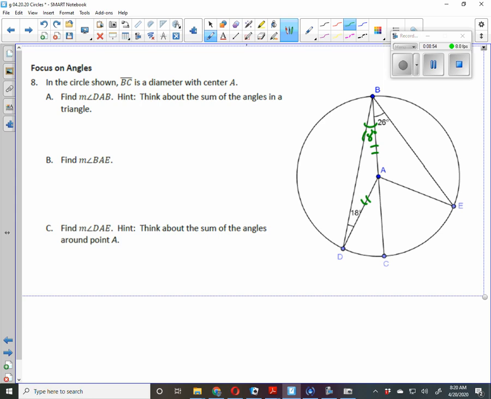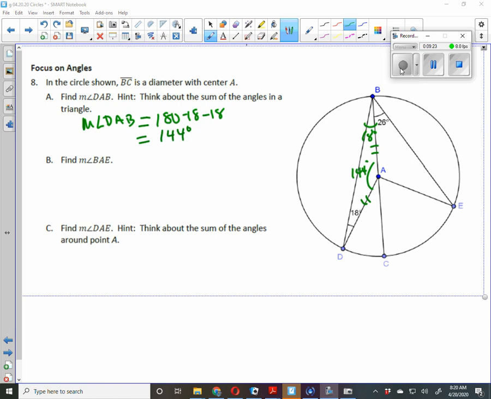So I know that this angle here, the measure of angle DAB, has to be 180 degrees minus 18 minus 18, or 144, and you can use a calculator for that. So we found out that this is 144 degrees.